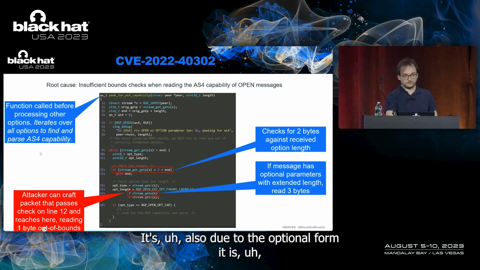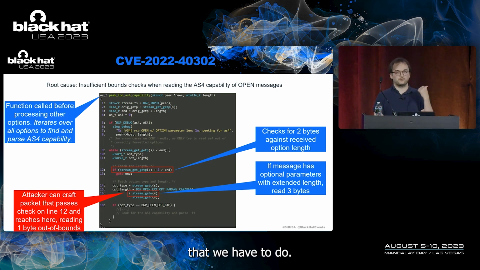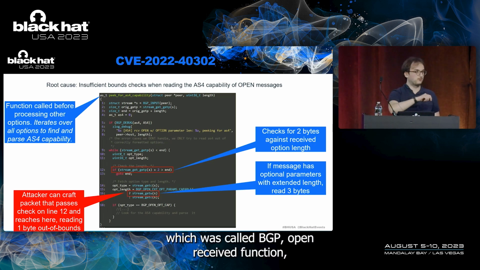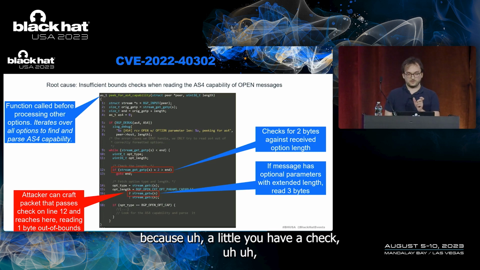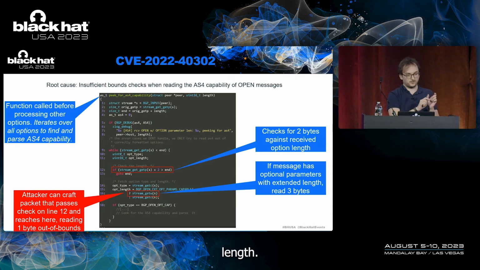For the next one, it's also due to the optional parameters. This time it's the issue that we saw in the video. It is in the PIC4IS4 capability function, which was called by the BGP open receive function. And it's again due to insufficient checks on the bounds of the packet, because on line 12 you have a check that sees if we can read 2 more bytes after the length parameter.